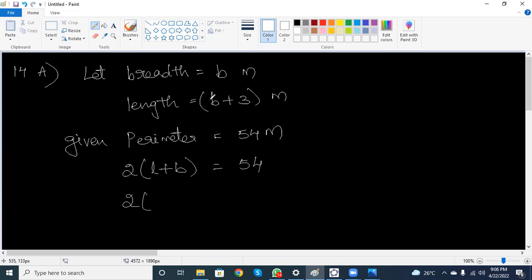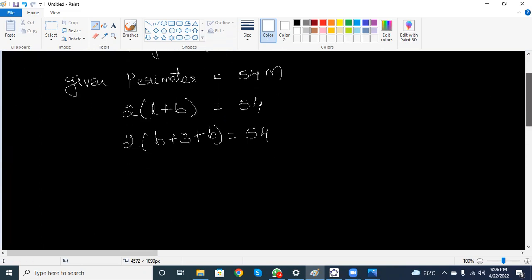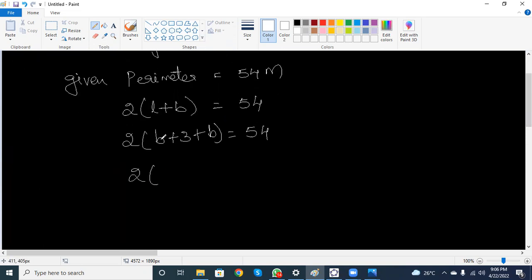Now substitute L is B plus 3 and B is the same as B, equal to 54. So 2 times of B plus B is 2B plus 3, which is equal to 54. 2 2s are 4B plus 2 3s is 6, equals 54.